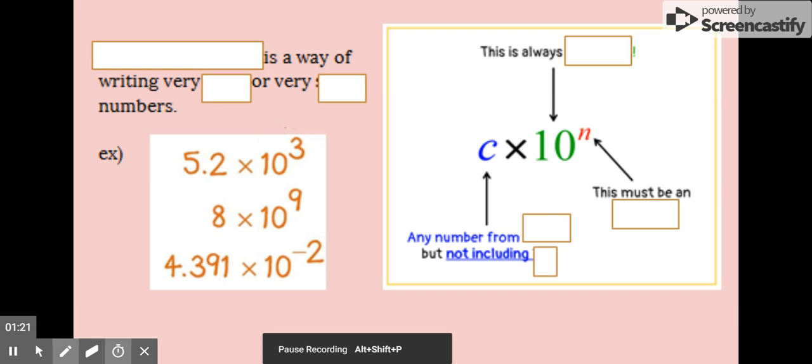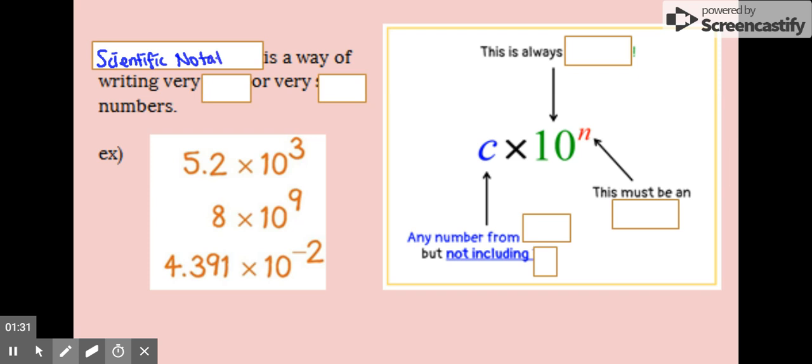Right, in this lesson, we're going to talk about scientific notation. This is a different way of writing very large or very small numbers.